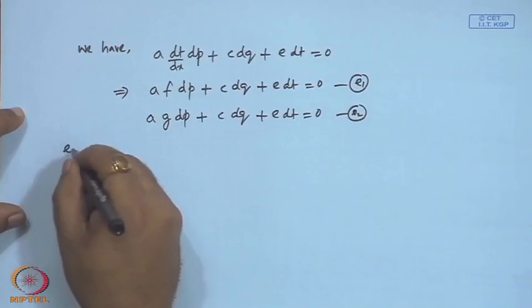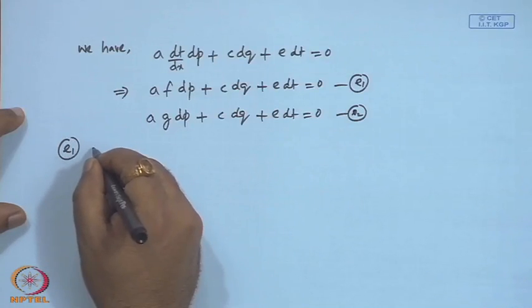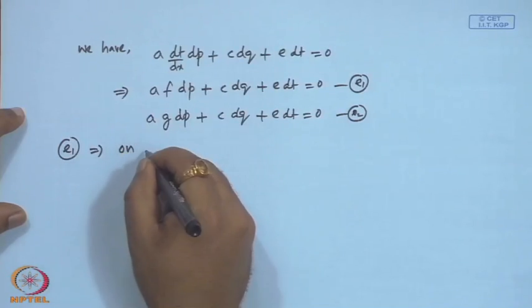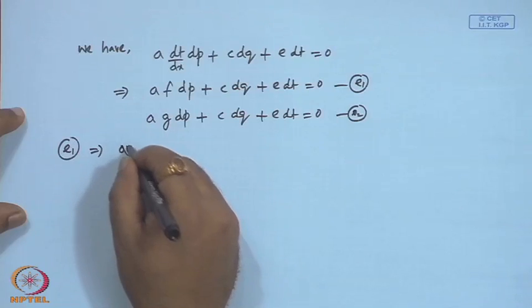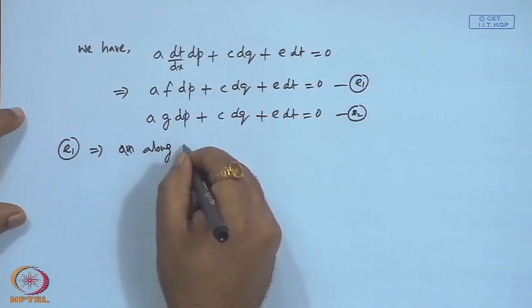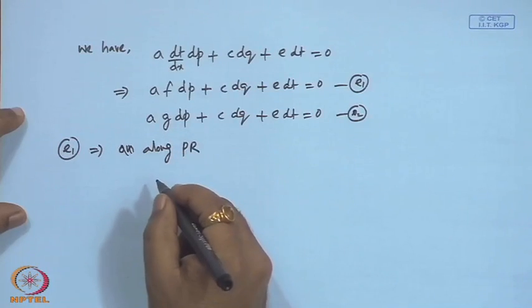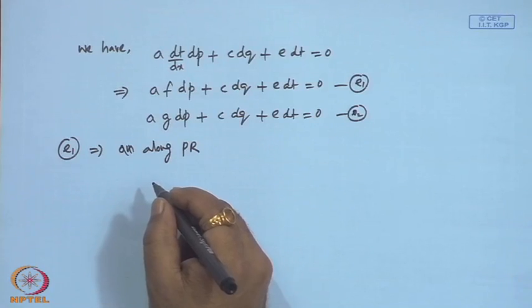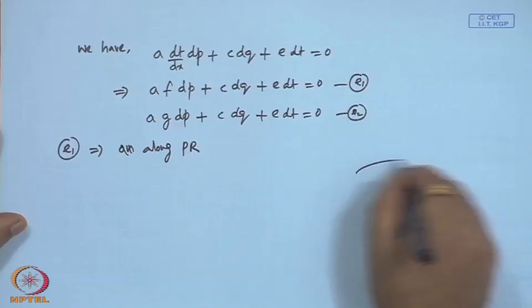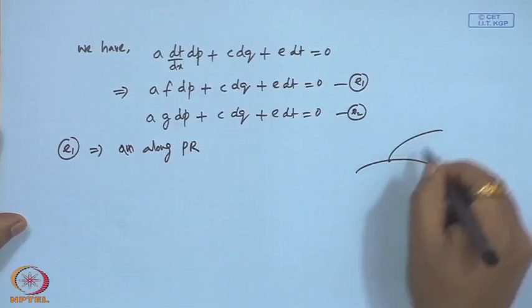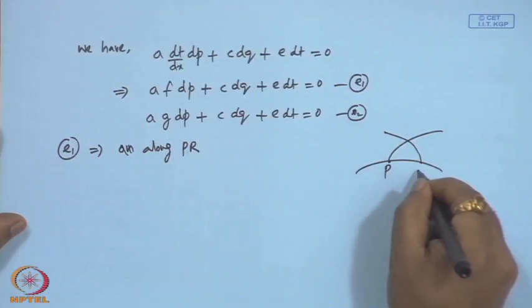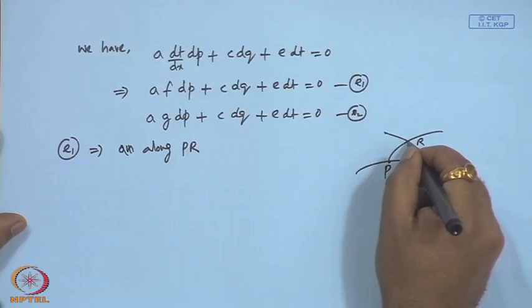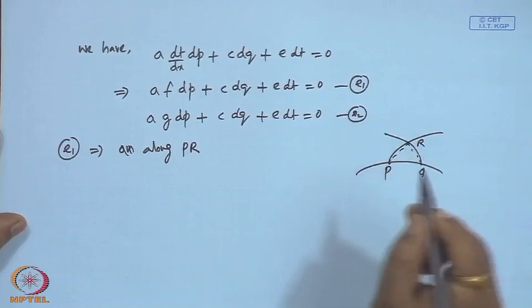Okay. So, E1 implies on, not on, maybe along PR. So, now we are ready to, so this is PQR and we have approximated as straight lines, right.